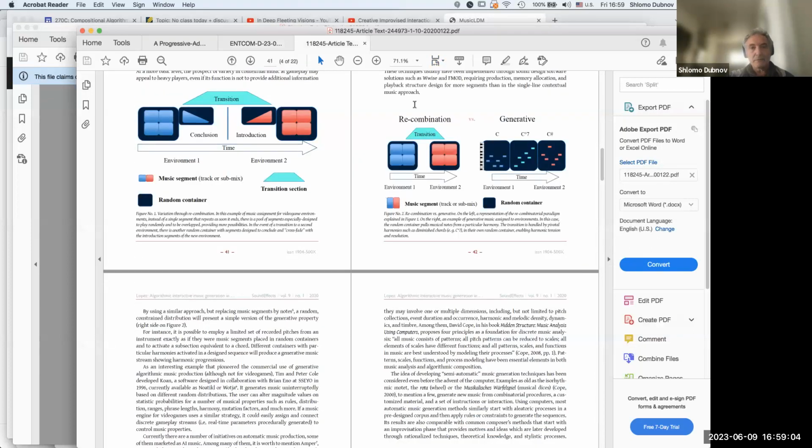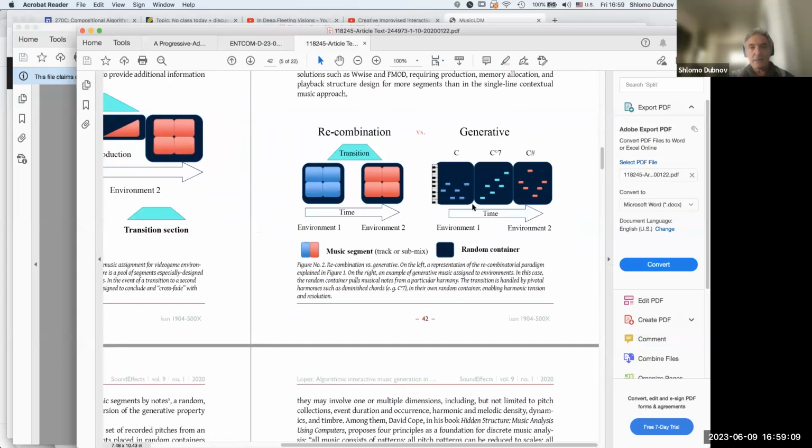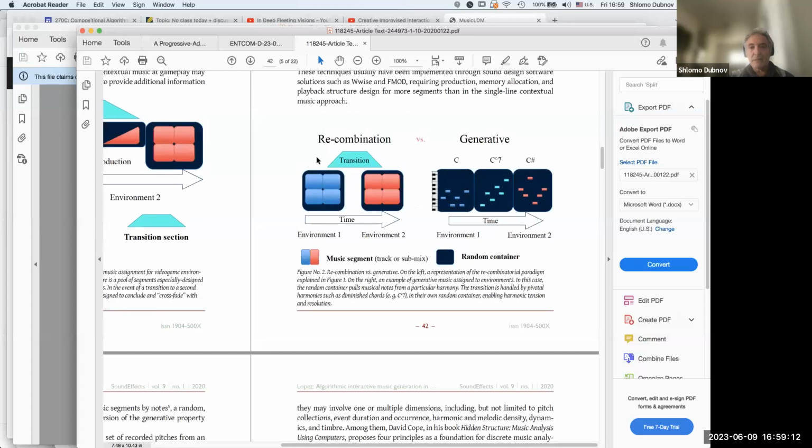I don't know why I'm showing this as two pages, but I think the idea is that in recombination, you have multiple clips that you can choose from, you can mix them together, you can resequence them, so use musical segments, or you can have a generative thing that actually creates the music at runtime. And the basic two techniques in adaptive music are horizontal resequencing and vertical remixing, while in generative music, they might have many more possibilities and examples.